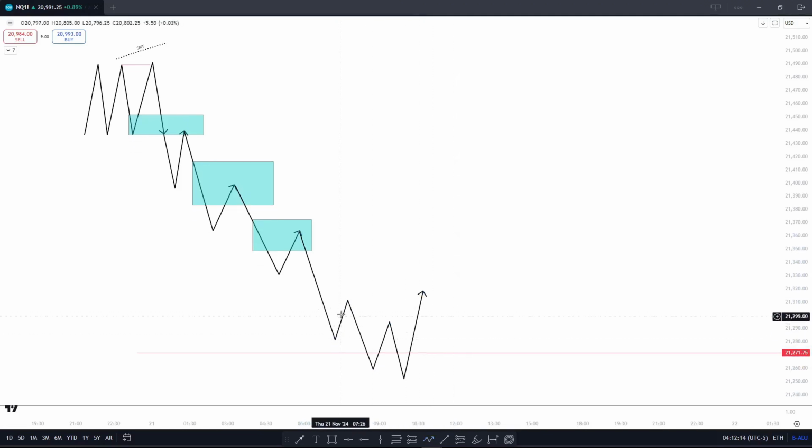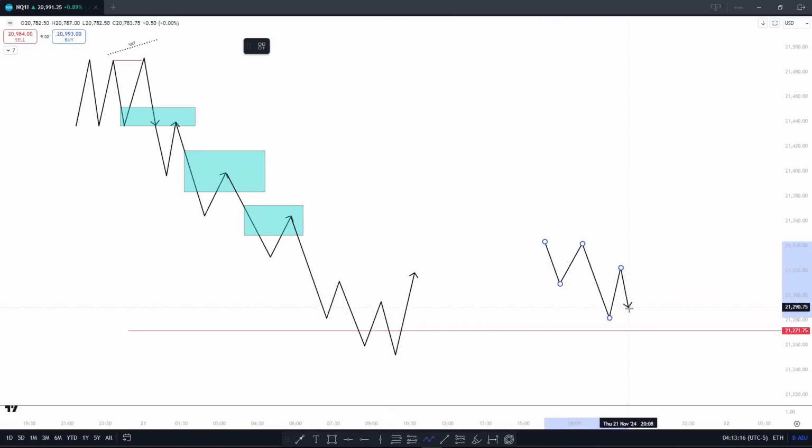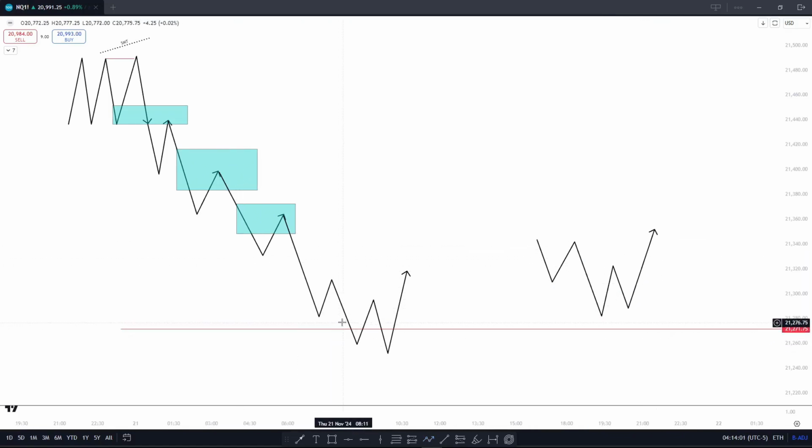Why am I looking for this exact thing to happen? Well, if you look at a highly correlated market, this is exactly what it will do. As you can see, although this market reached our drawn liquidity, our highly correlated market failed to do so. This is our higher time frame SMT.